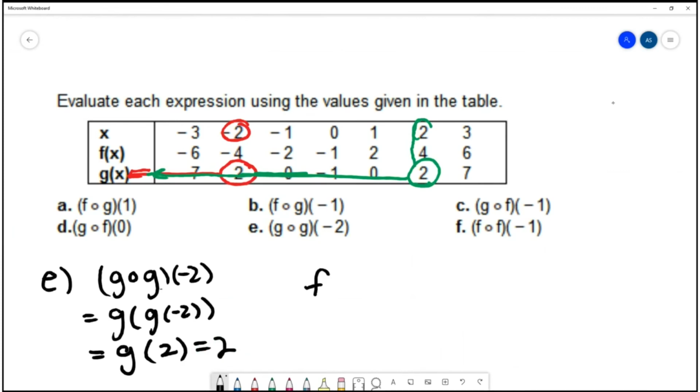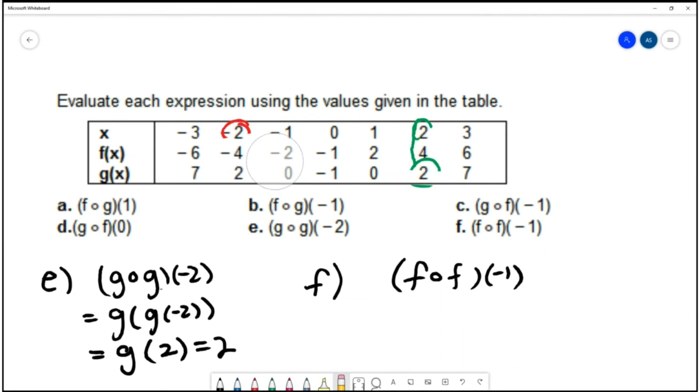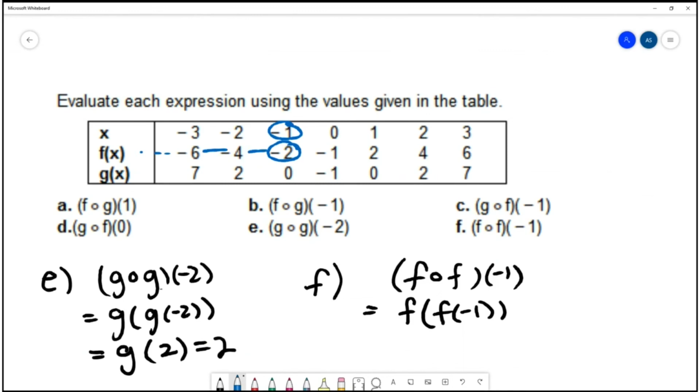And let's try our last one. F composed with f of -1. F composed with f of -1 is f of f of -1. So here is f of -1. We have the x value of -1, and these are all y values for f.